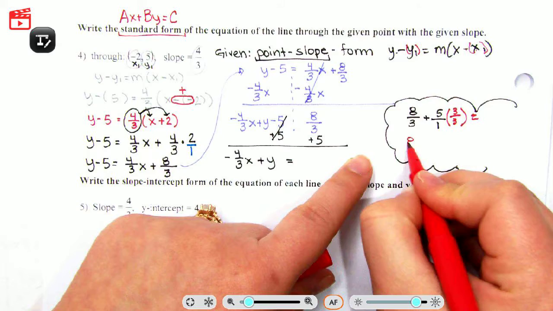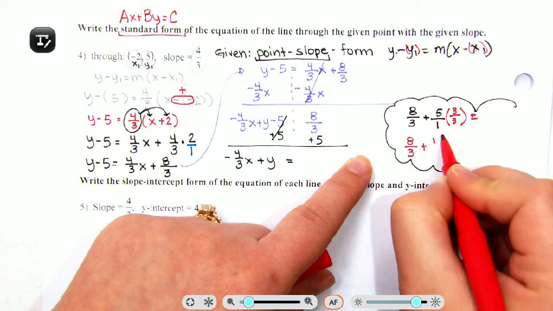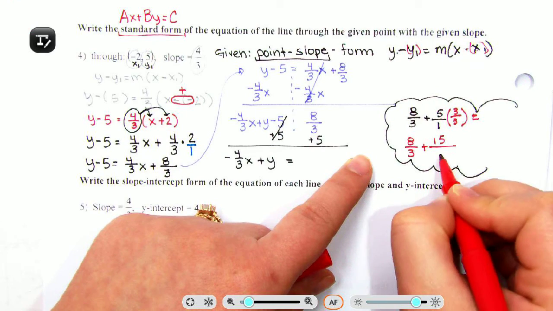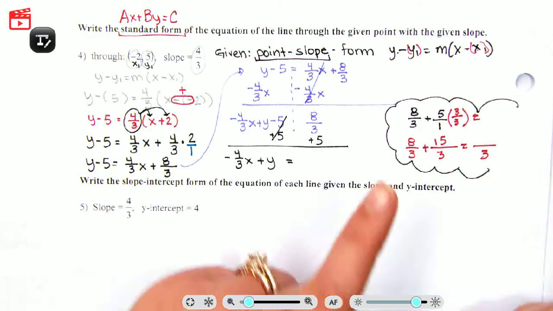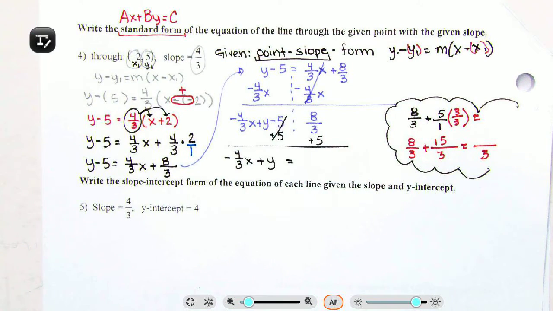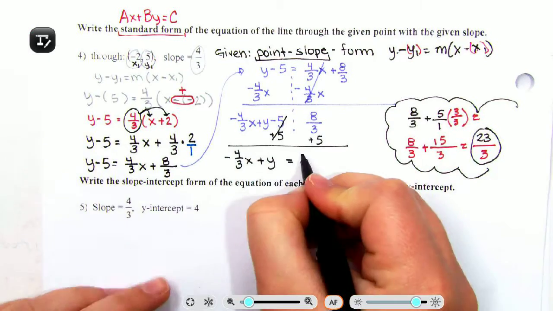So 8 thirds plus 3 times 5 is 15, 3 times 1 is 3. Because my denominator is the same, now we can add. So you're going to say 15 plus 8, and that is 23. And this is what you're going to write here.